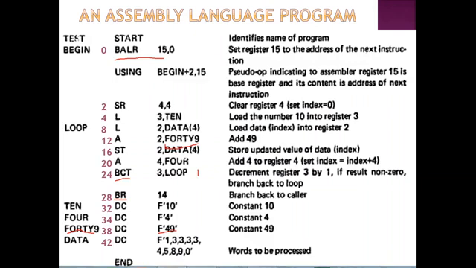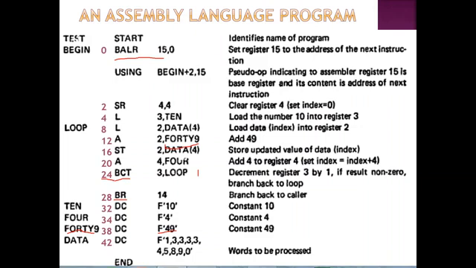Already I have told you, we saw one example for using asterisk comma 15. I told you asterisk is going to point to the current instruction. So the address of the current instruction is what asterisk means. If in this line I say asterisk, the address of the current instruction is 24. So there I'm saying asterisk minus 16. I have to subtract 16 from 24.